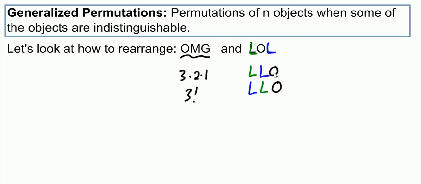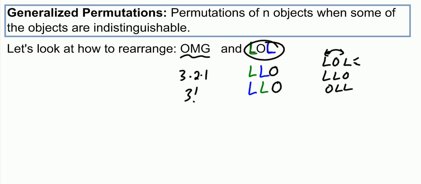So if we think about the pattern for rearranging the letters LOL, we could have LOL, we could have LLO, we could have OLL. There's really only 3 spots for that O to go, and then the other 2 are L's. Now, each one of these is going to get counted twice, because if I were to swap the L's and they were distinguishable, they would look different.